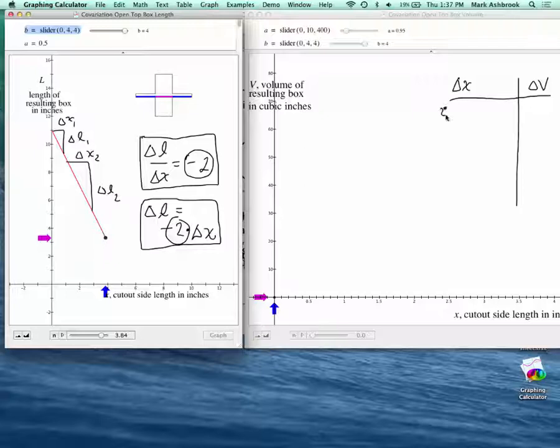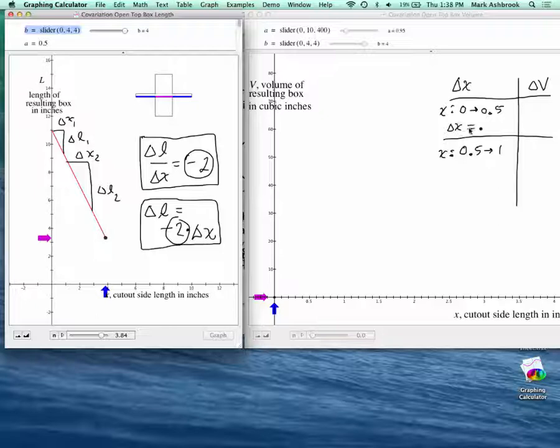So we look at the same thing. x is going to go from 0 to 0.5. And then I'm going to look at x going from 0.5 to 1. What is delta x in these two cases? 0.5 both times, right?